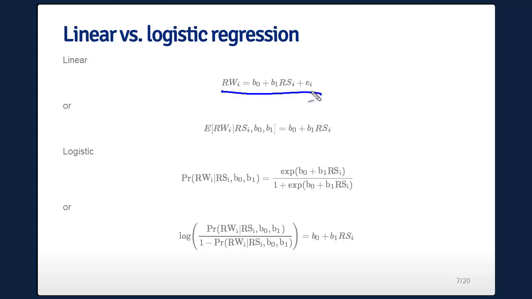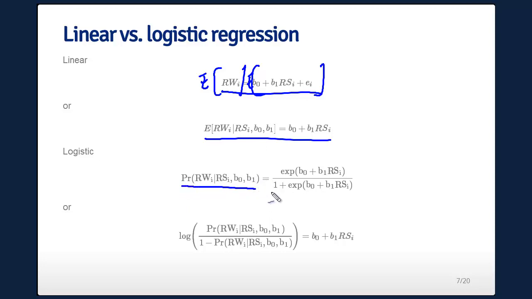So linear regression would do this, right? Directly fit the wins with an additive model, or you could just say the expected value. If we take the expected value of both sides of this, you get this equation because the expected value of the error would be 0. Logistic regression instead models this.